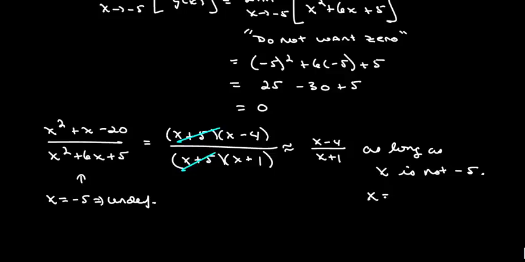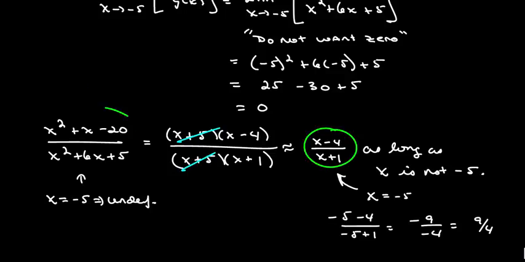However, when x equals -5 on that guy, I get -5 minus 4 over -5 plus 1, which is -9 over -4, or 9/4. So they are not equal to one another, but they are equal under every single number except for -5.